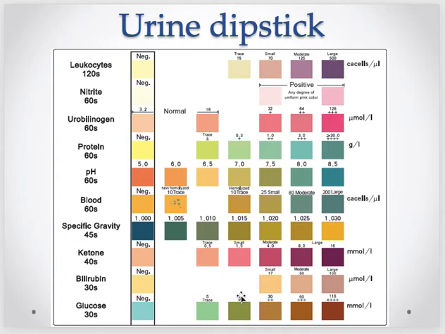So, as you know, there is a strip for pH as well. You know what pH is, and the kidney plays a part in controlling pH too, through bicarbonate and hydrogen ions, right? So it is a very helpful thing to check whether the patient has any acidosis or alkalosis.